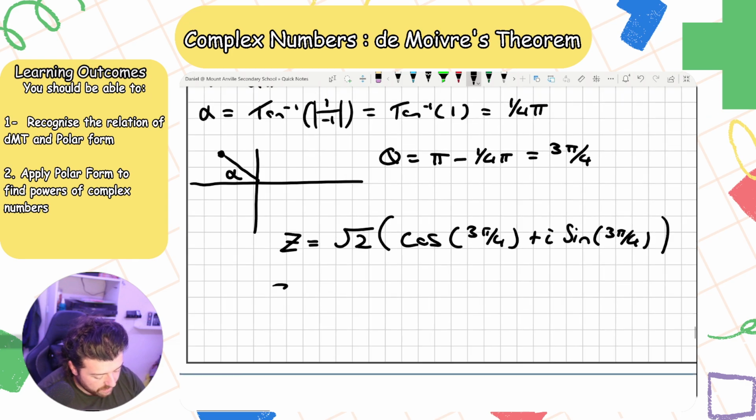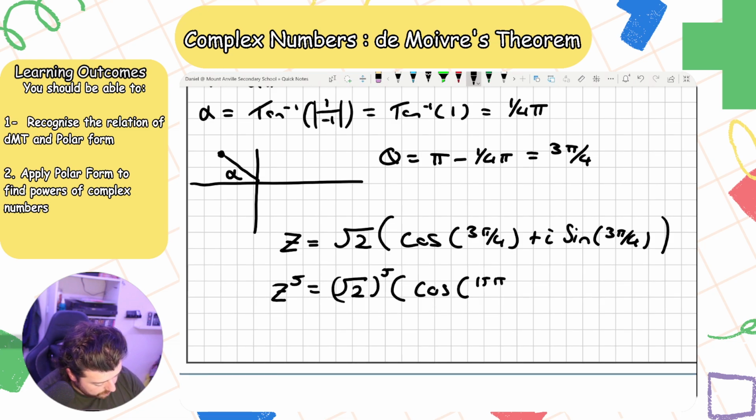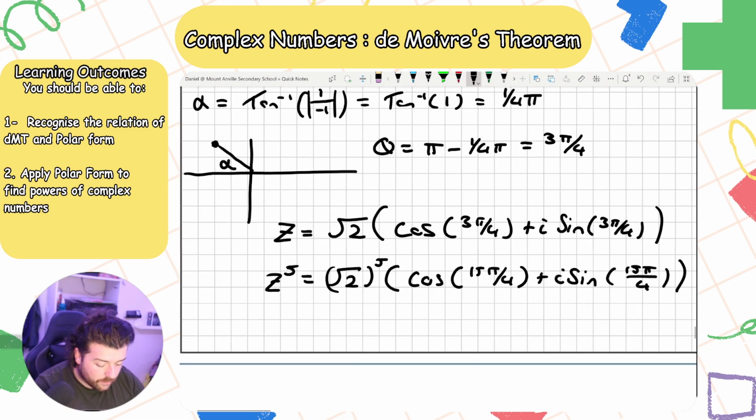z to the power of 5 is going to be equal to root 2 to the power of 5 times cosine 15 pi over 4 plus i sine 15 pi over 4, since 3 times 5 is just 15. Evaluating this out, root 2 to the power of 5 is going to be equal to 4 root 2.